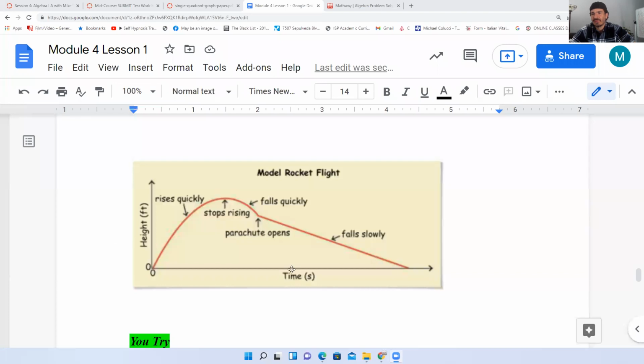It's not the object moving through space. The object's moving up, it drops, the parachute opens, and then it goes more slowly. That's what the graph is modeling, all right? It's a really tricky concept, and it's something that I always have to remind myself of too.